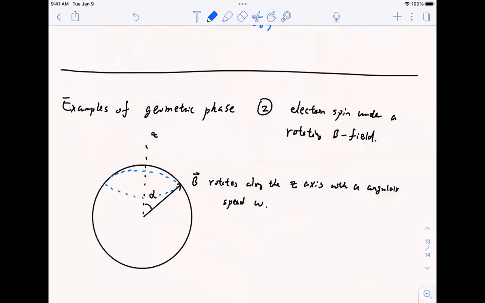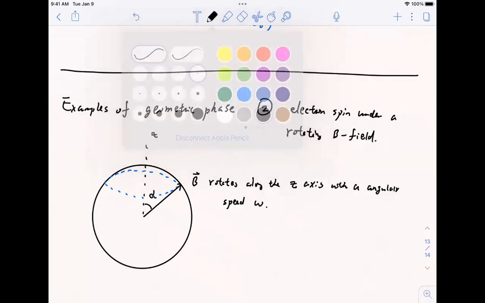Okay, so your Hamiltonian will depend on the B field. So what is the Hamiltonian in this case? This is one of the simplest examples.